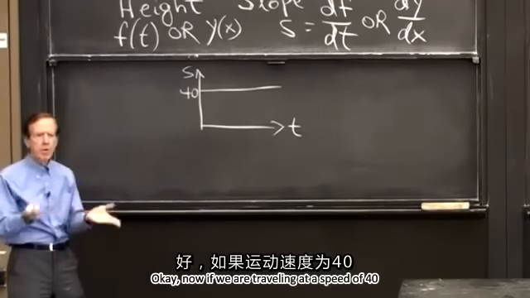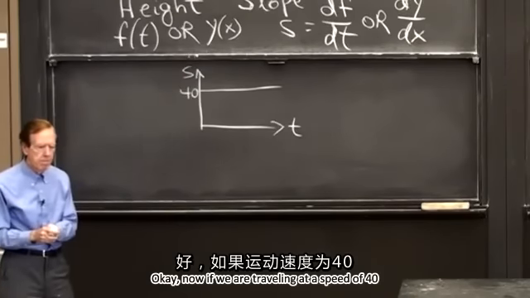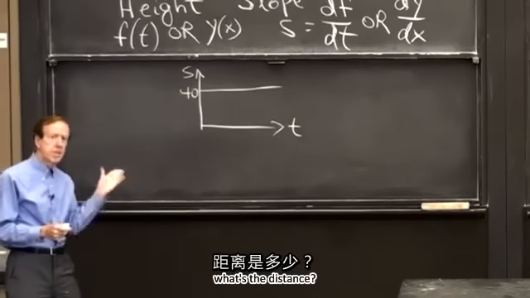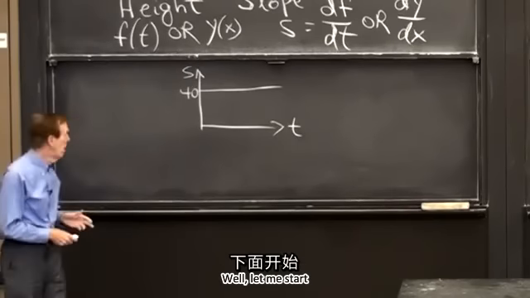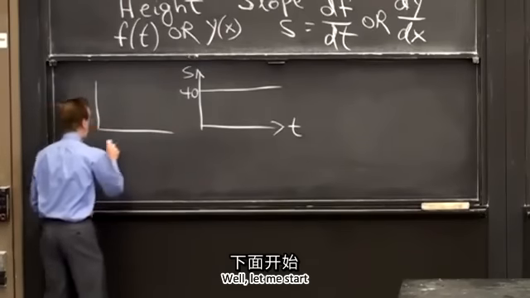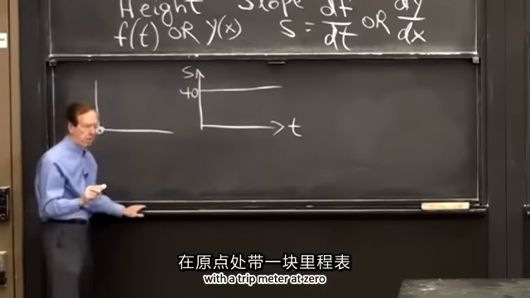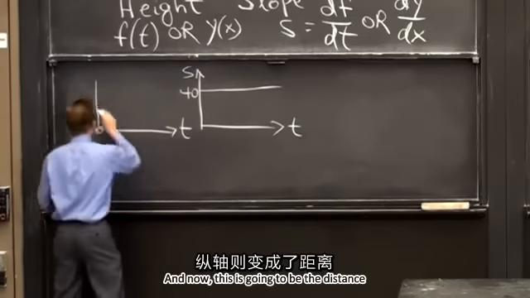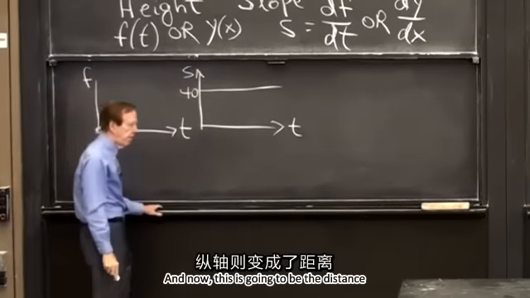Okay, now if we're traveling at a speed of 40 miles per hour, what's the distance? Well, let me start with the trip meter at 0. So this is time again, and now this is going to be the distance.